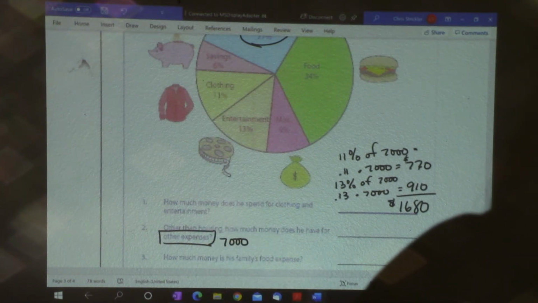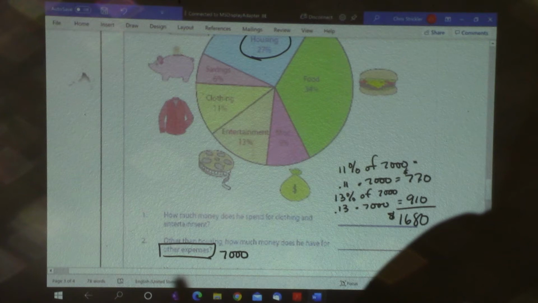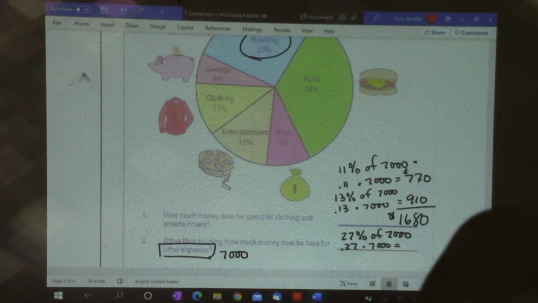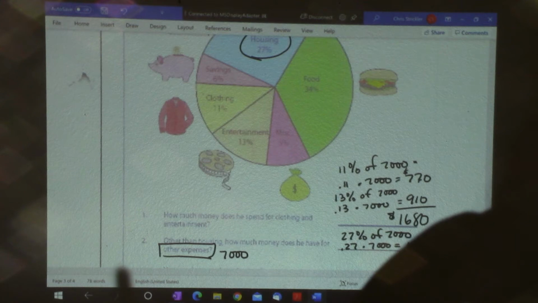So let's see, housing was 27%. So I have 27% of 7,000, which is 0.27 times 7,000. And that is 1,890.